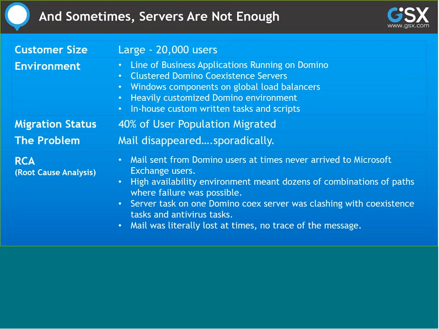And then this one was probably the most complicated that I've ever come across. I haven't seen anything like it, but a company that really took Domino being a development platform to heart. They had customized the Domino environment to a level I've never seen.